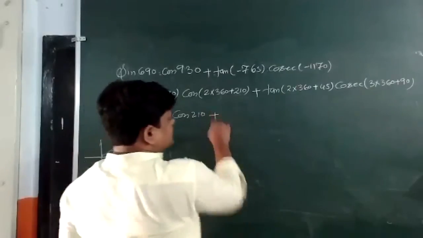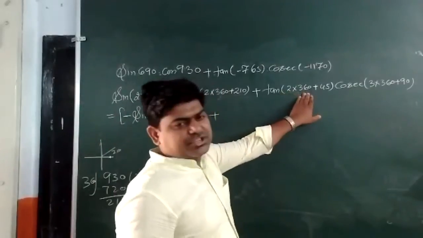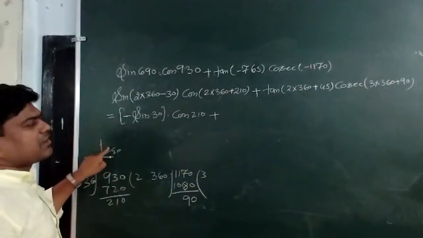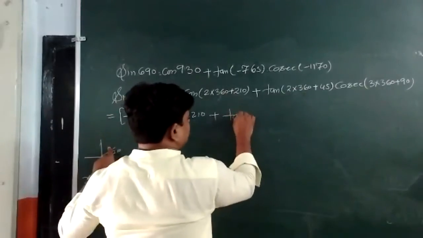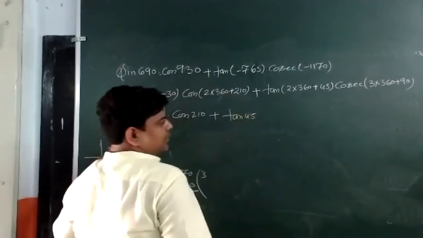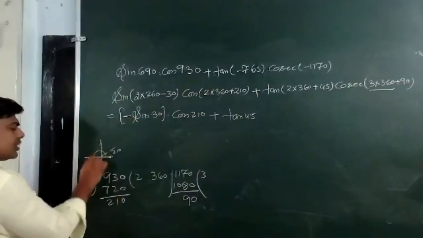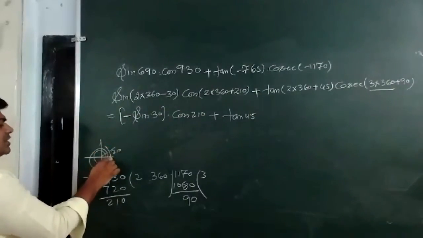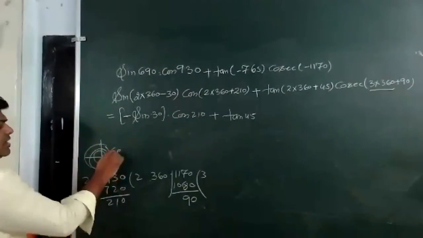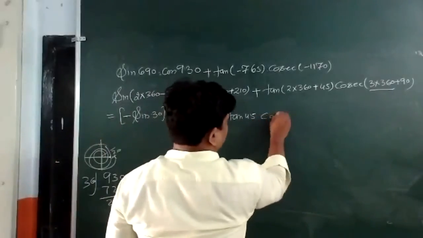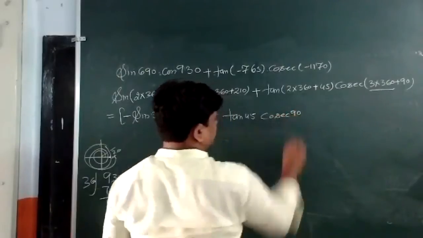Now, here you can see 2 into 360 plus 45. Again, 360 plus theta will be tan 45 directly. Here also you can see 3 into 360 means after 3 complete rotations you will reach the same place, and plus 90 means plus theta will be again cosec 90.